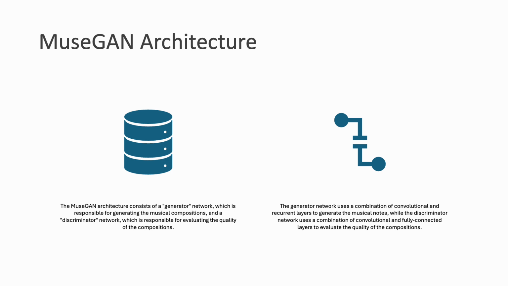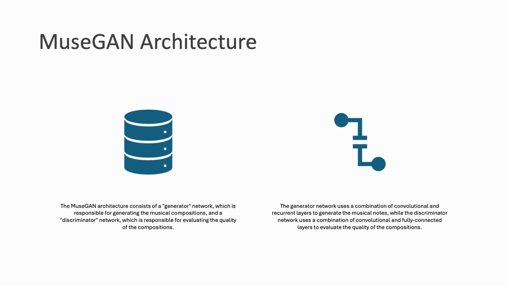The key idea behind MuseGAN, or Muse Generative Adversarial Network, is to generate music in multiple tracks such as drums, bass, and melody simultaneously. The model uses a differentiable composition module to combine the generated tracks into a single piece of music.